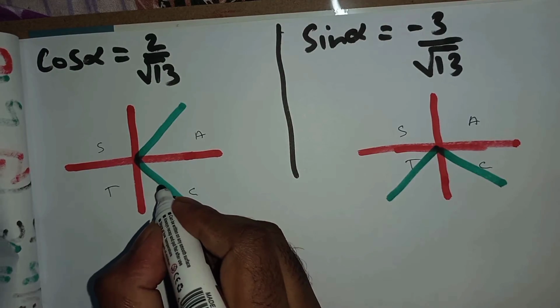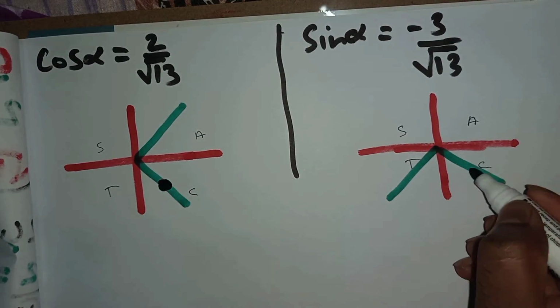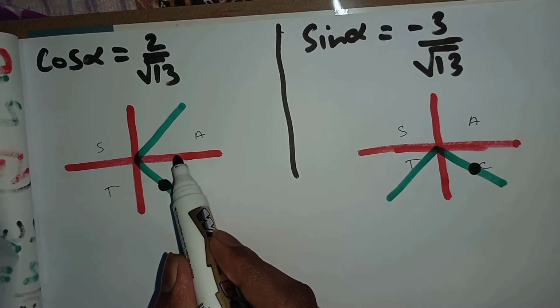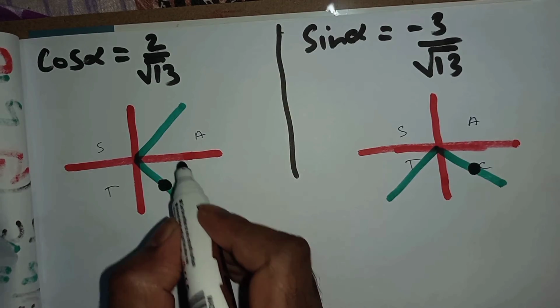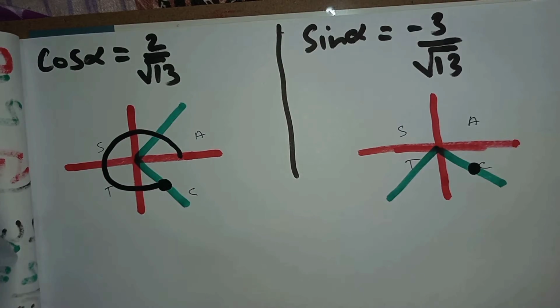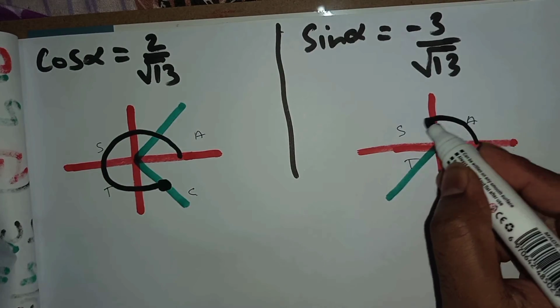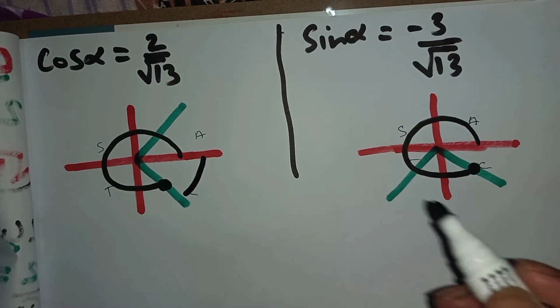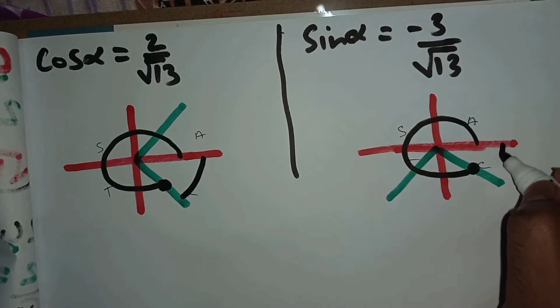So let's put a point here, and we have to arrive at this point from this direction. Now the possible ways we can arrive there: this is one direction. Same for this one, we can arrive here like this, or we can arrive at that point in this direction.